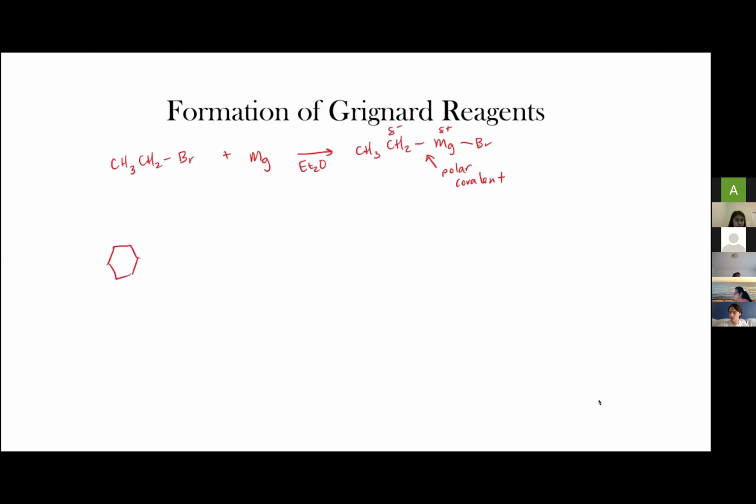Here's something like this. Another alkyl halide reacting with Mg, and we'll have THF as the solvent. And similarly, we get MgCl.